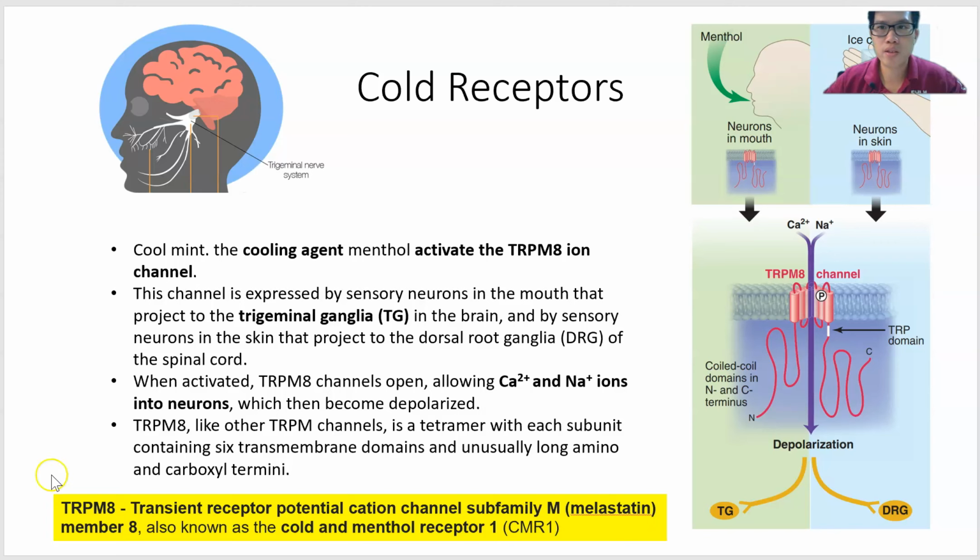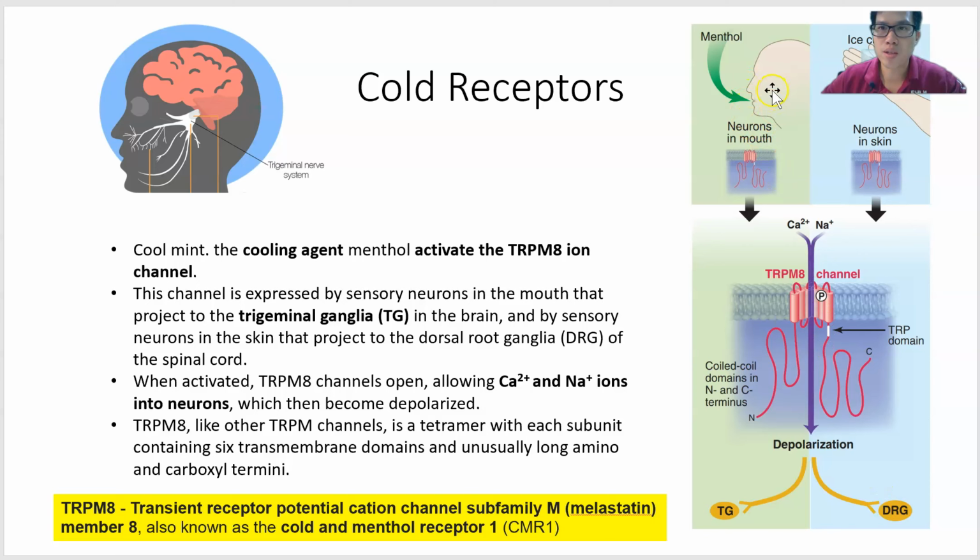So the cooling effect is actually very similar to what you feel on your skin. The pathway is almost the same. If you stimulate the channel, it depolarizes with calcium and sodium ions, and then you send to the dorsal root ganglia and stimulate.